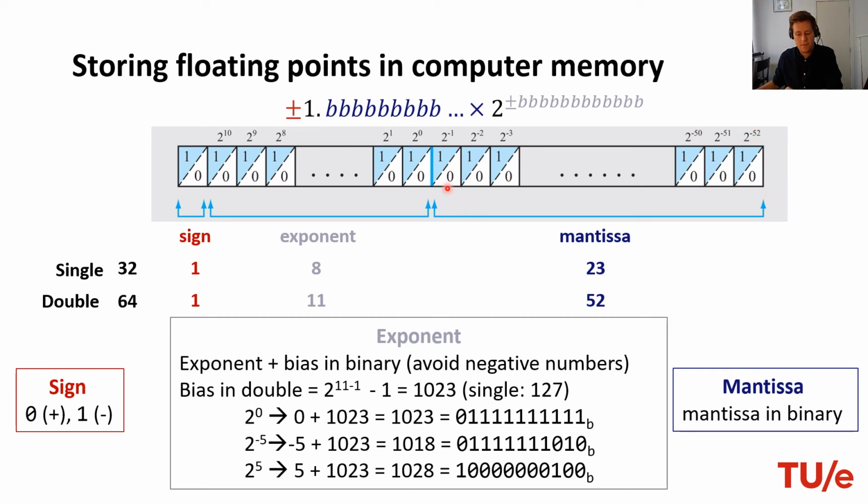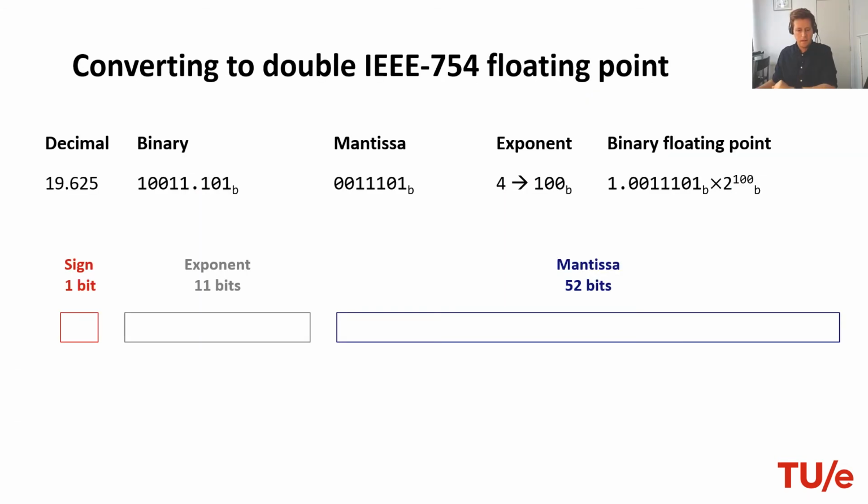So we have quite some space here for the mantissa in double precision. Let's take a look at storing one of our examples here, 19.625 in a double precision IEEE floating point representation.